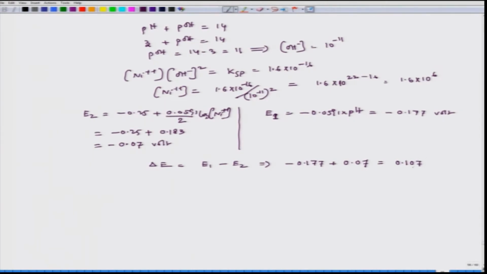So, I still see that I get a negative del E value.